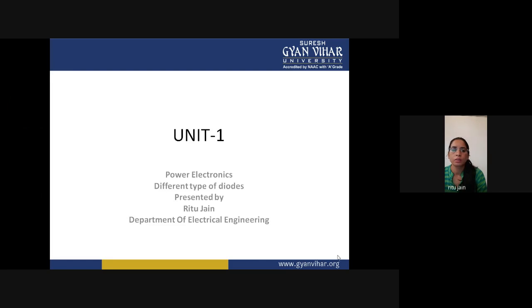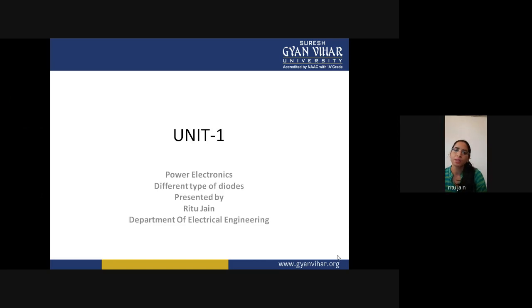In this lecture, we are going to discuss the basics of diodes, what the different kinds of diodes are, and how they work. Already we have studied some basics of diodes. A diode is a basic semiconductor device, or you can say semiconductor component, which is made up of semiconductor materials.